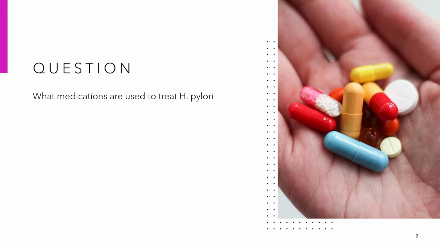There's usually two antibiotics that are used, usually a penicillin type, like amoxicillin. And we also use a bismuth, and that helps to protect the lining and helps kill the H. pylori. So it's kind of like a triple therapy. We have the proton pump inhibitor, a cytoprotective drug, and a penicillin type antibiotic.